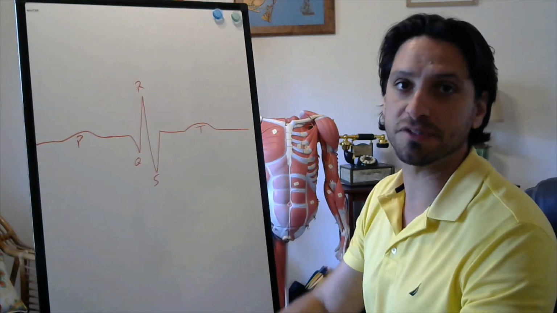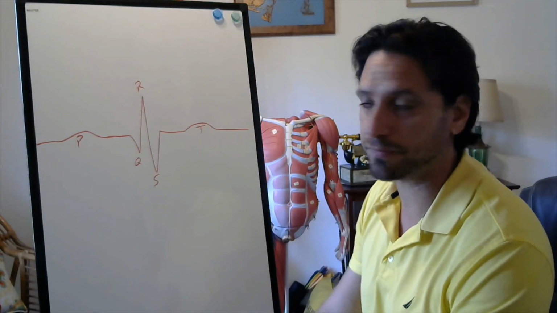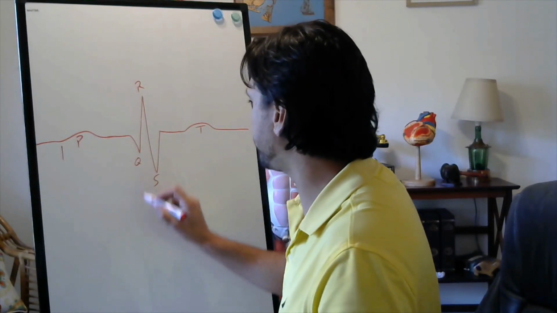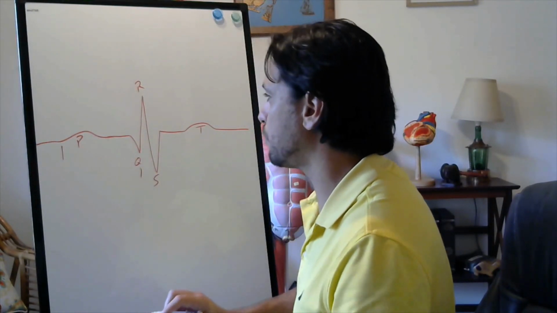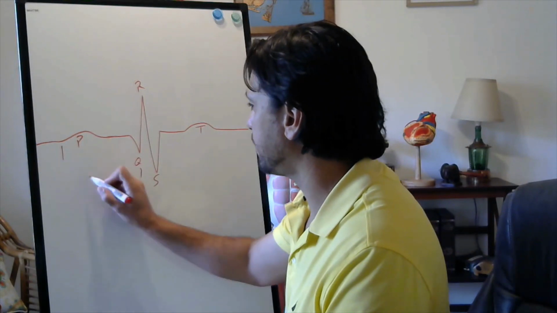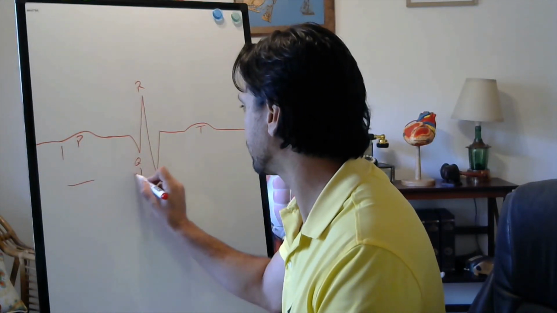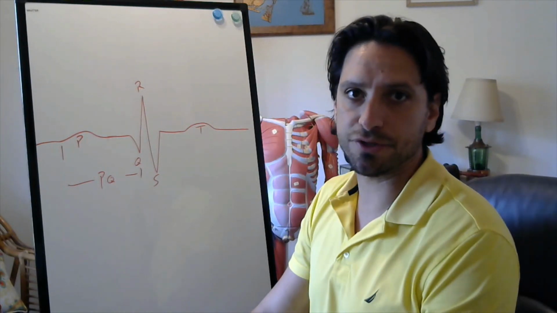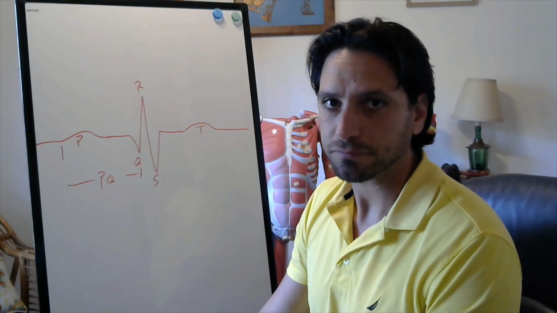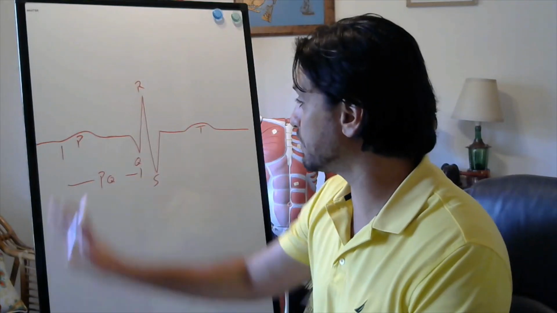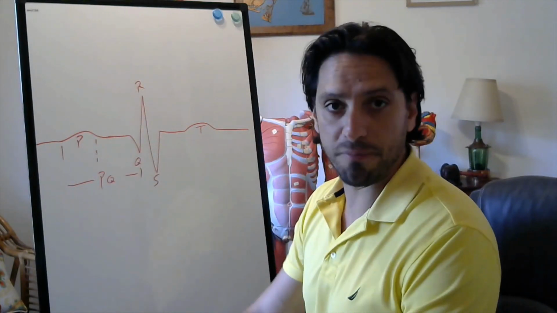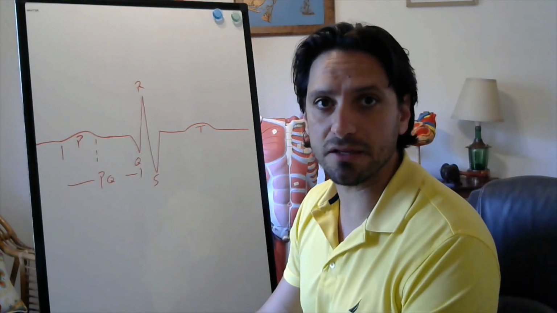Well, we also have some segments and some intervals, okay? So from our P wave to our Q wave, we have the PQ interval, okay? We can either measure from the start of the P wave or we can measure from the end of the P wave. It's going to tell us different things.